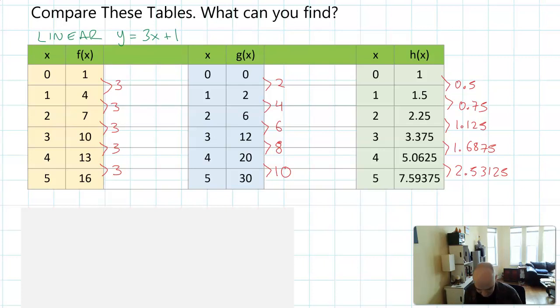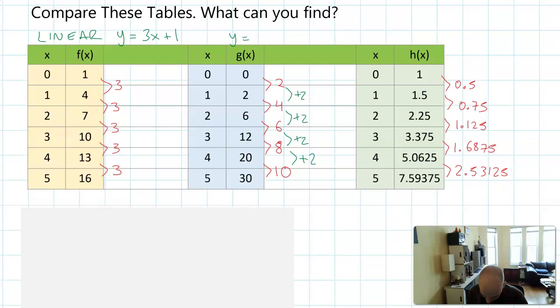For g of x, we don't have a constant difference, but there is this pattern of the differences so that every difference is increasing by 2. When you have the second order differences increasing constantly, that's going to give you usually some kind of quadratic function.